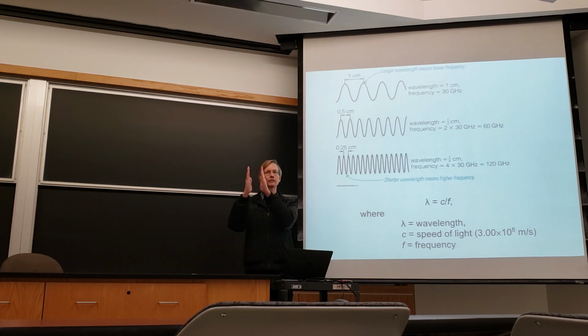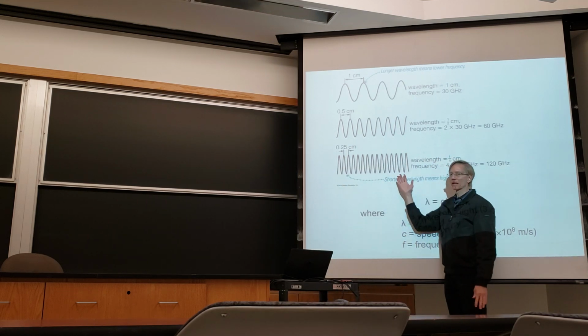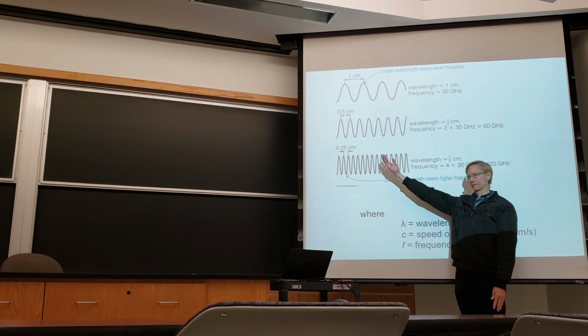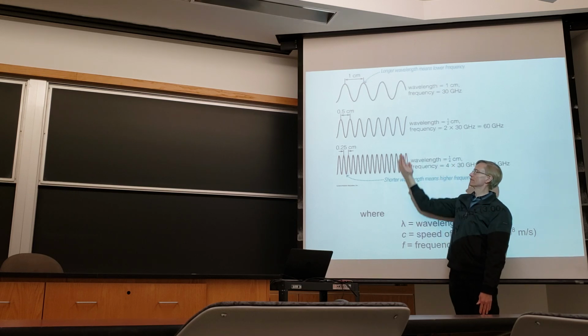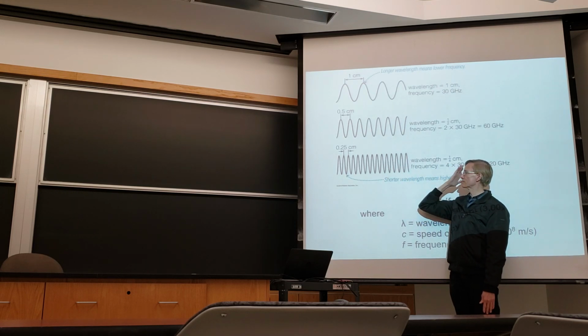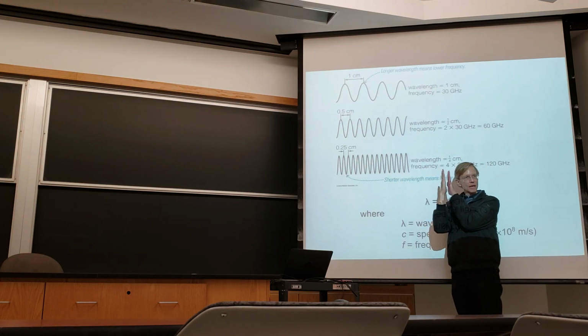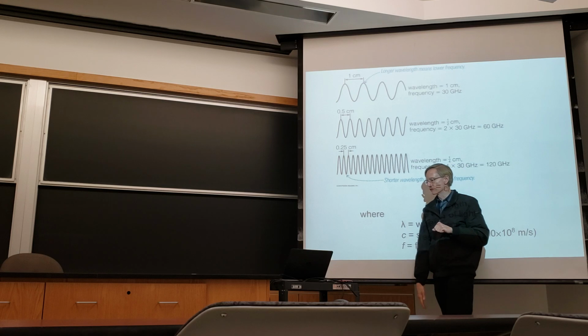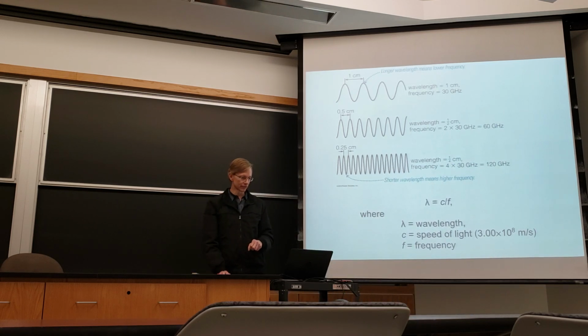Imagine I'm standing here and all these waves are traveling past me. All light travels the same speed, 300,000 kilometers per second, basically. So if all three of these waves are passing by me at the same speed, clearly, if the wavelength is shorter, more wavelengths are going to pass by me every second. So the shorter the wavelength, the higher the frequency, and vice versa.